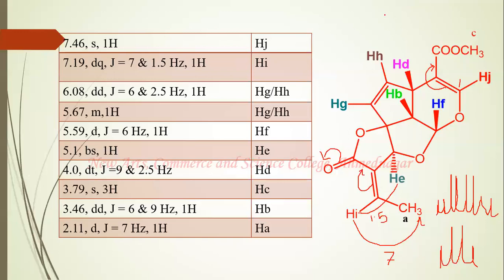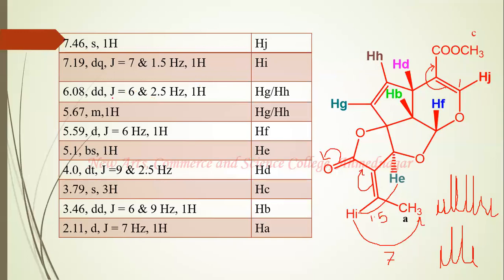Next signal 6.08, doublet of a doublet, J equal to 6 and 2.5 Hertz. So we have to look for the next de-shielded protons. The remaining olefinic protons, Hg and Hh, we can consider one of these protons is the 6.08.